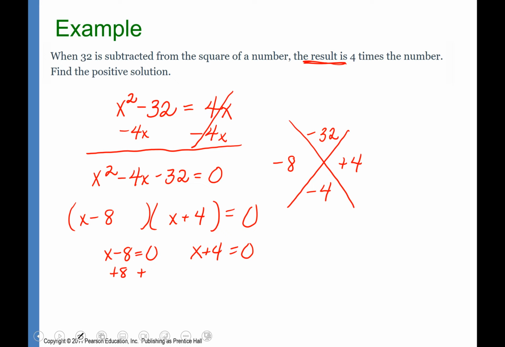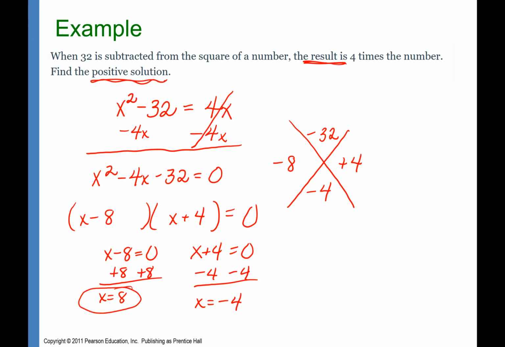Add 8, x equals 8. Subtract 4, x equals negative 4. So two possible numbers that would fit this solution would be 8 and negative 4. We want the positive number, so we want 8. So again, read that out, try to write an equation with it.